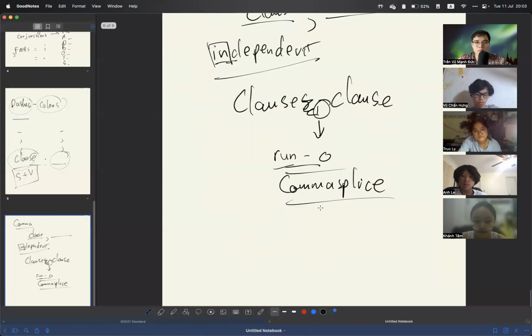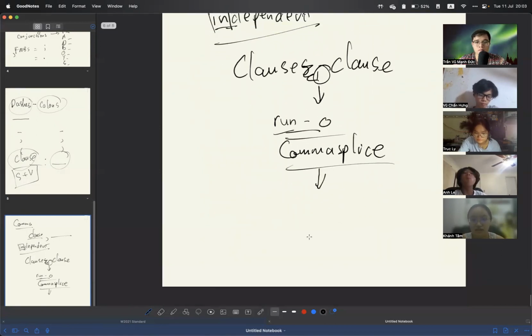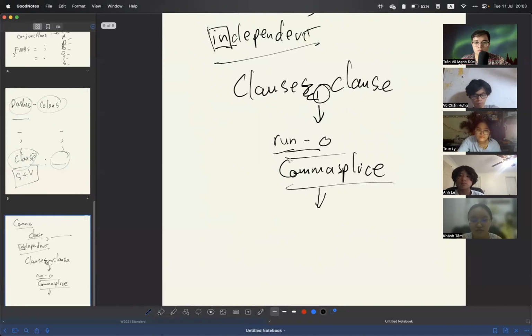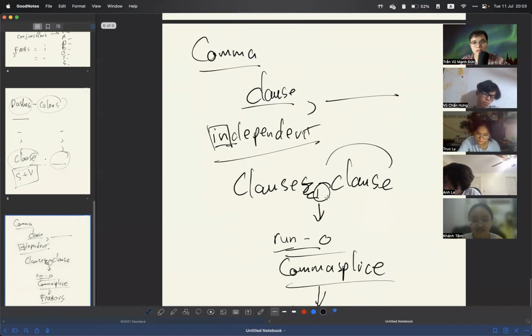And how can I fix it? You've just mentioned. You have to use the fanboy words. Fanboys. Or I can turn this clause into a dependent clause, right?